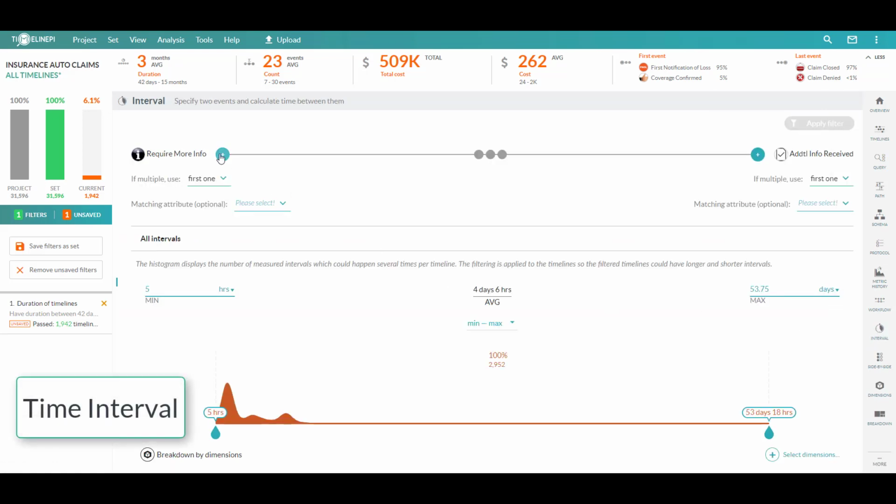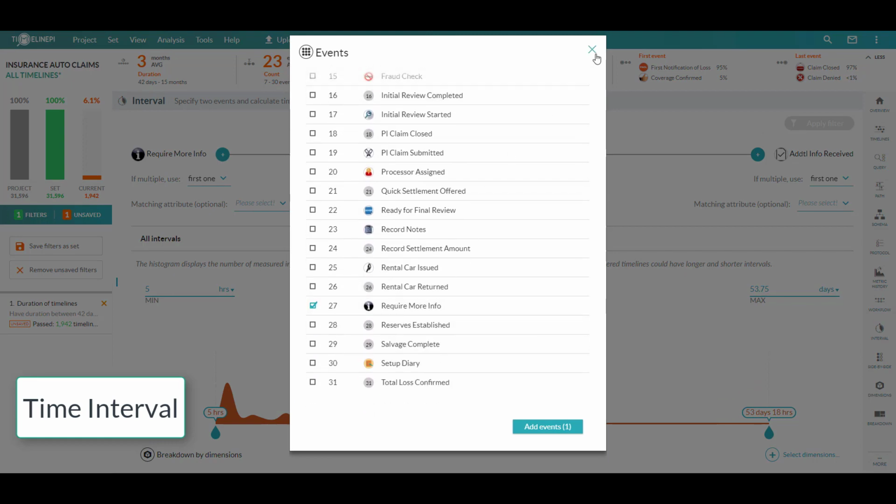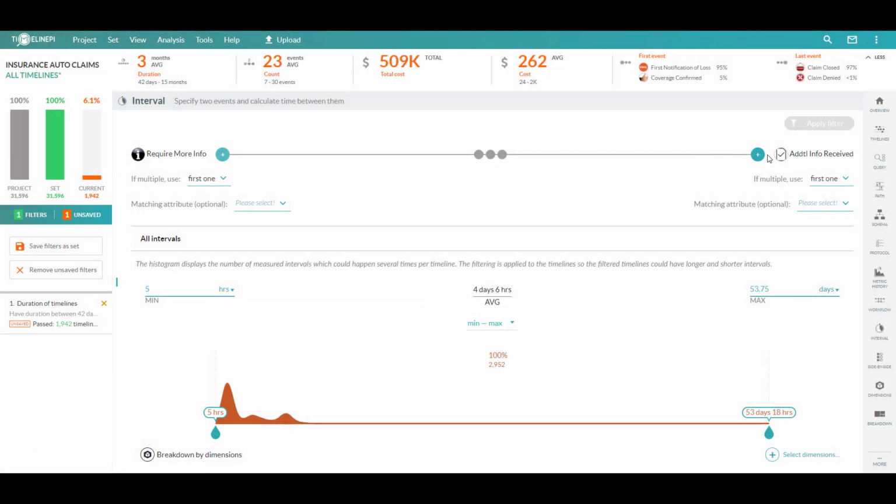Now, this allows us to set any event as our starting, our left bound, and to the right, we have our right bound, our ending event, and look at the time gap in between. So right now, we're looking at the requirement for more information until we have that claim being flagged as the additional info having been received. So how much time is that costing us?